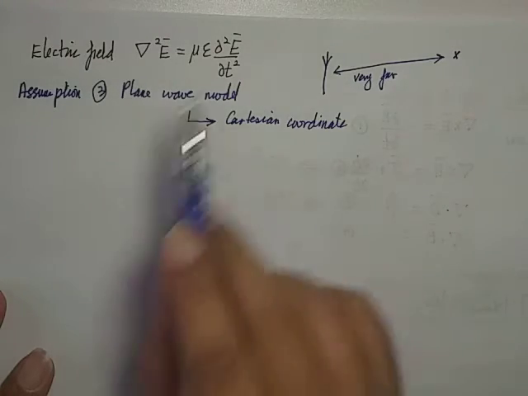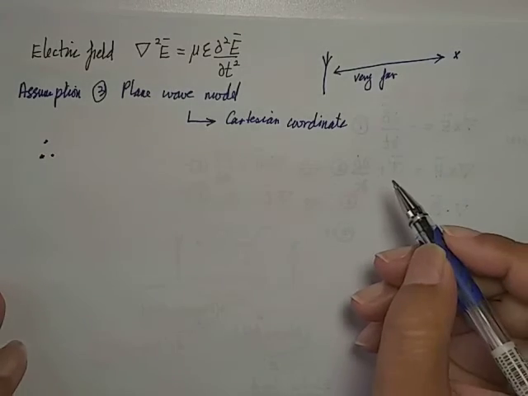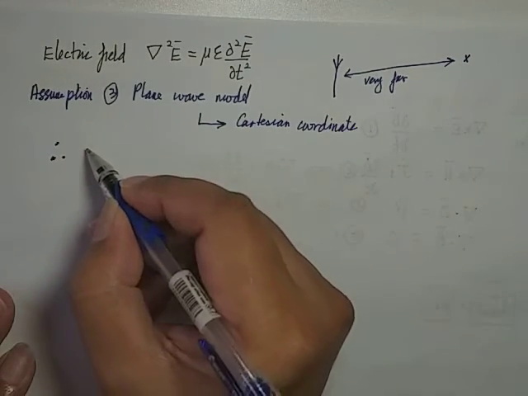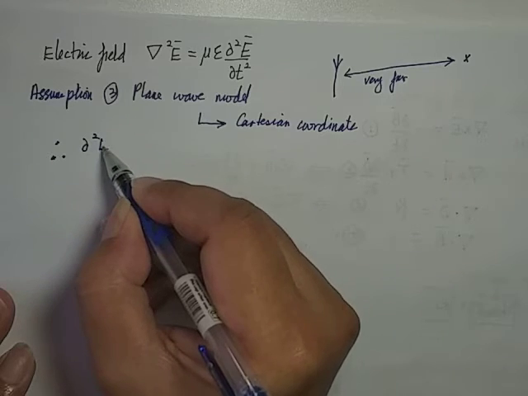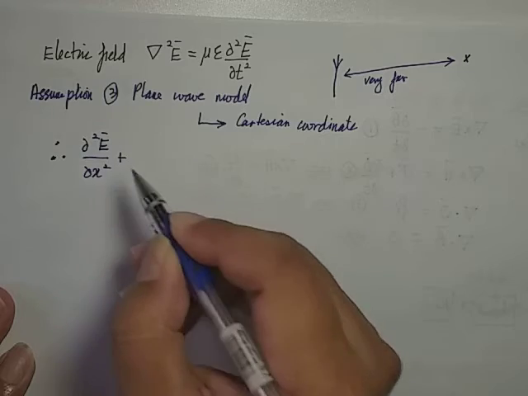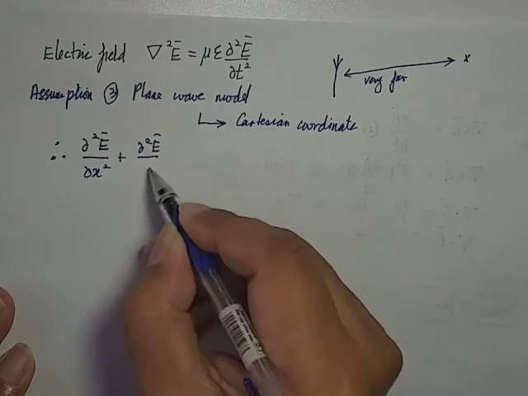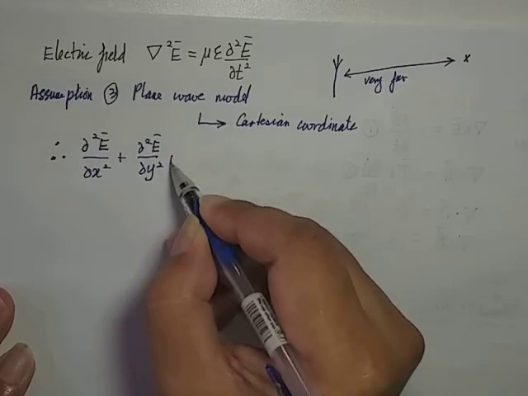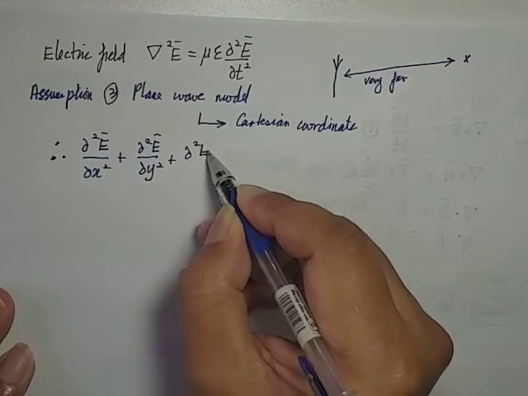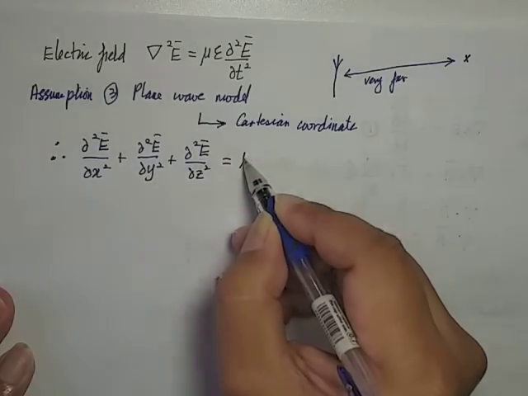So what happens to our wave equation? The wave equation now needs to be changed to become this term: d square E over dx square, based on the Laplacian table, plus d square E over dy square plus d square E over dz square equal to mu epsilon.